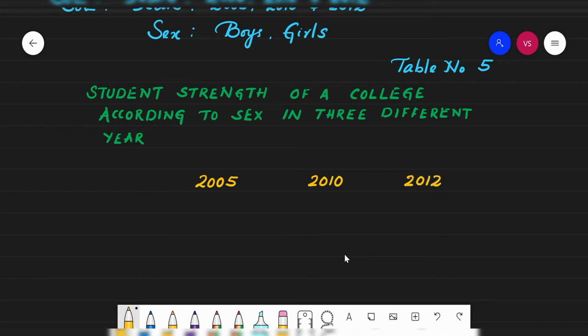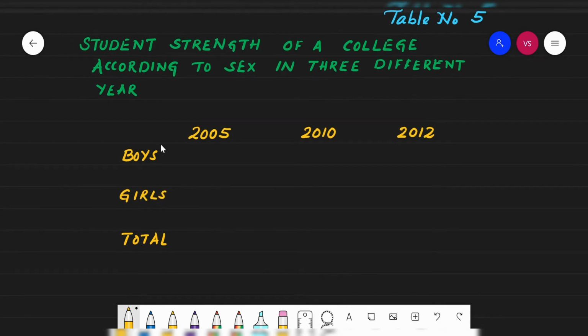Then they said according to sex: boys, then we have girls, then we can write total. It is very simple, only 3 rows, 3 columns.